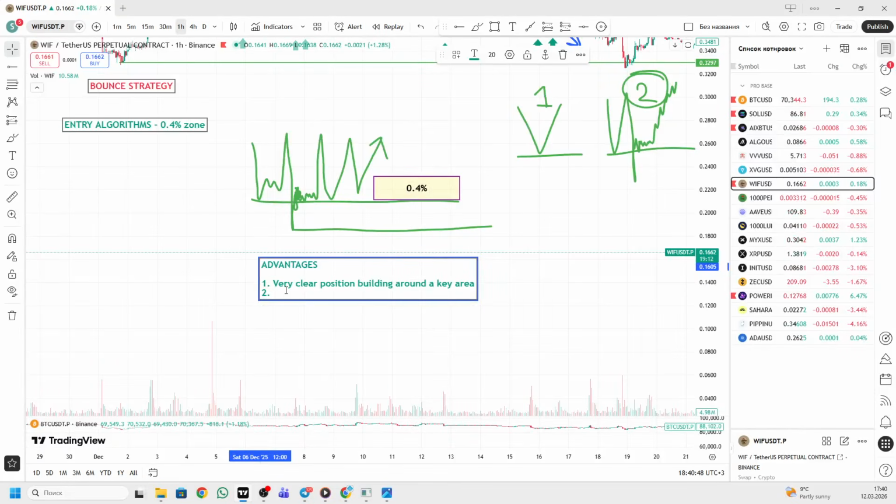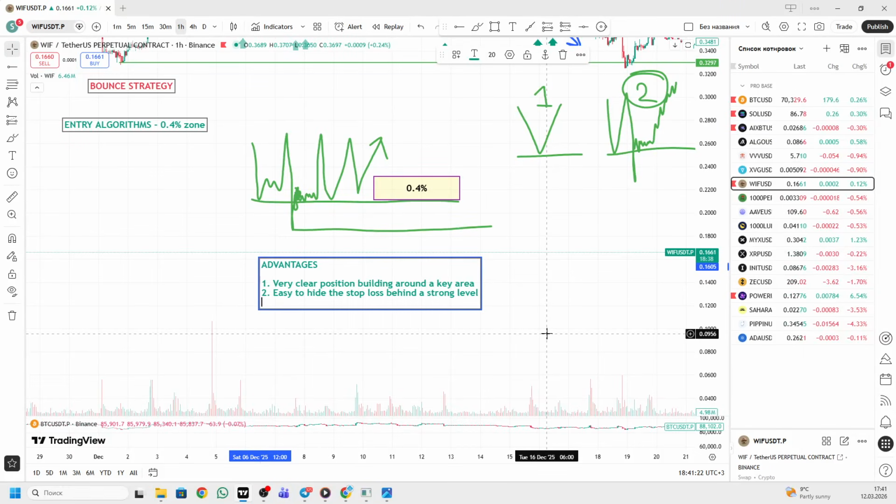Okay, so let's write it down like this: easy to hide the stop loss behind a strong level.